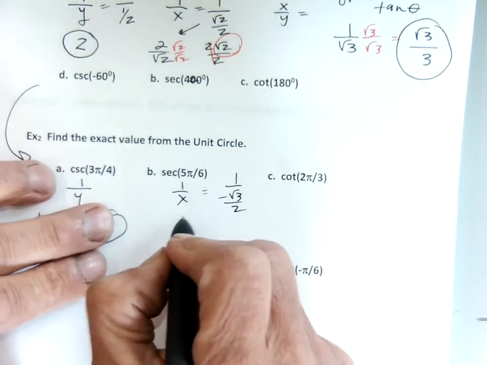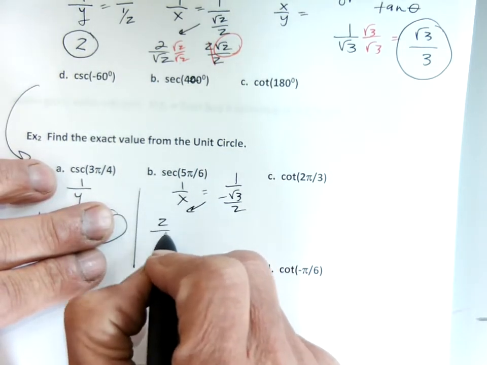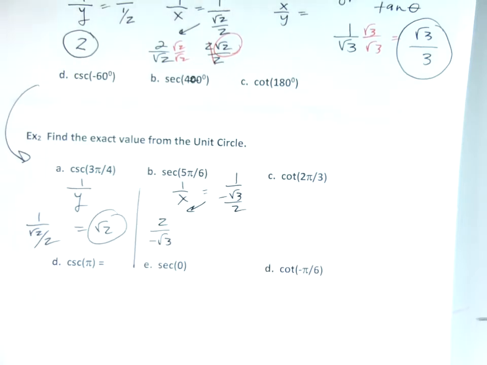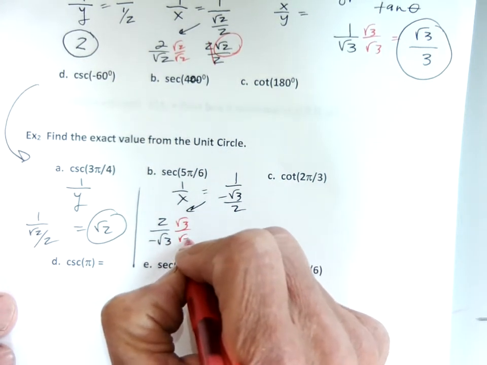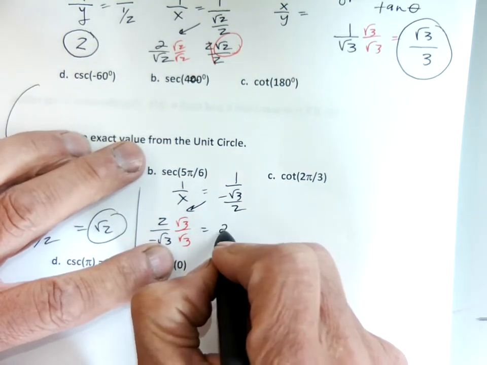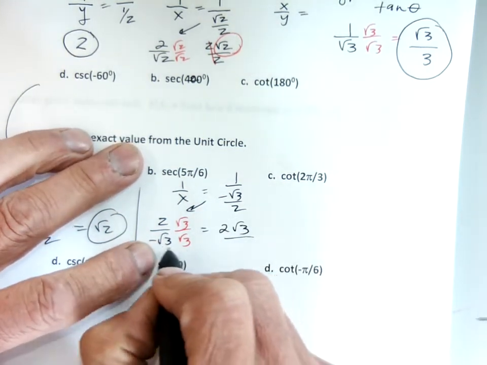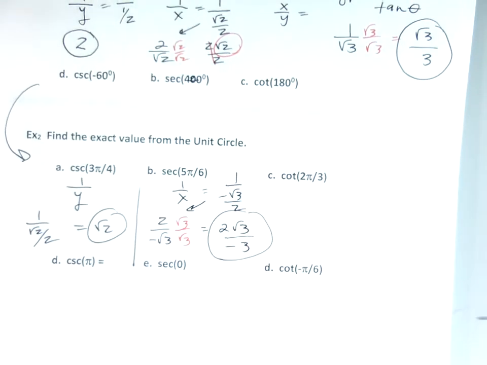Flip it, same thing as 2 over negative square root of 3, but that's not right because you can't have a square root in the bottom, right? So you have to fix that. Multiply by square root of 3 over square root of 3. I wind up with negative 2 square roots of 3 over, well, that's the square root of 9, which is 3, or negative 3. Whew, it's an ugly answer.